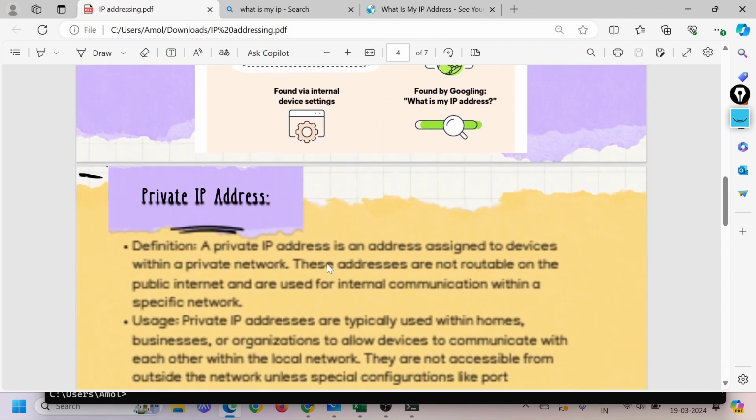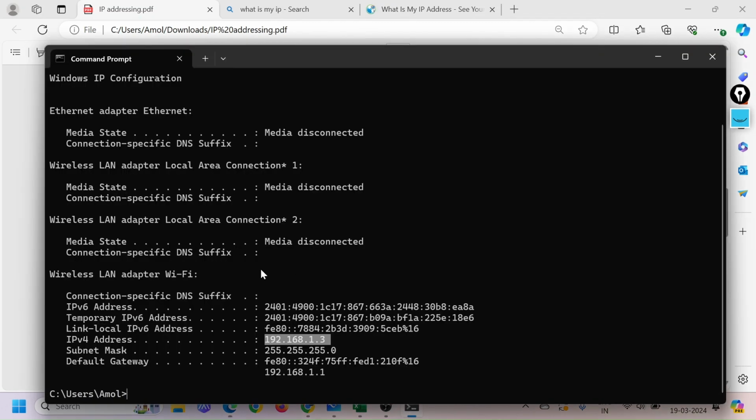This is the IP my device got, not just for today, in fact I can have it every day. And this is my router's private IP, 192.168.1.1. That's the gateway, and this is the IPv4 my laptop has.